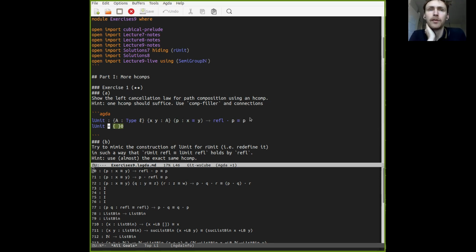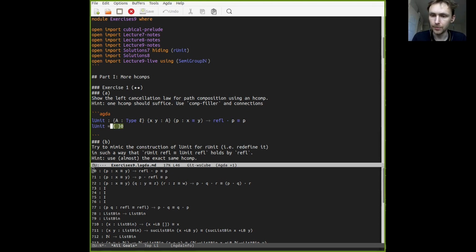when composing on the left, it's slightly trickier because when we defined path composition, we had a bias on this right path. So we had this comp filler that you could just use to immediately get the right cancellation. For the left cancellation, this won't really work out.